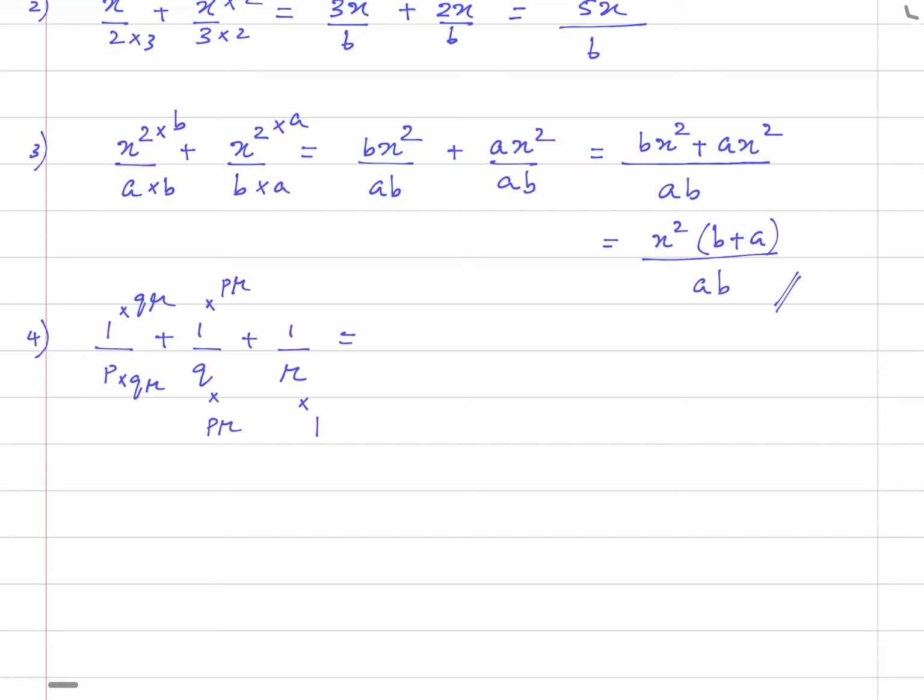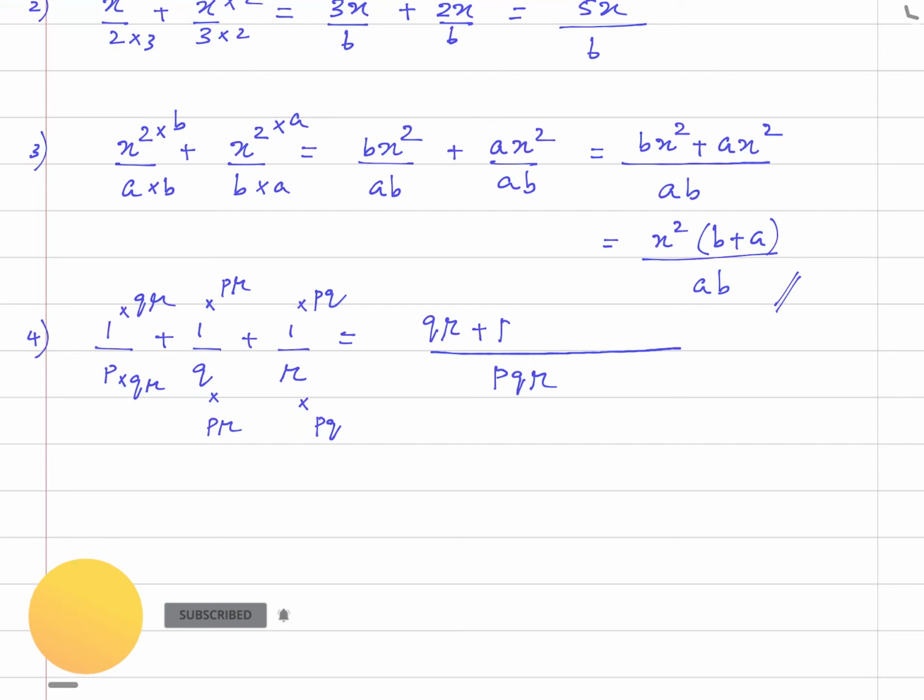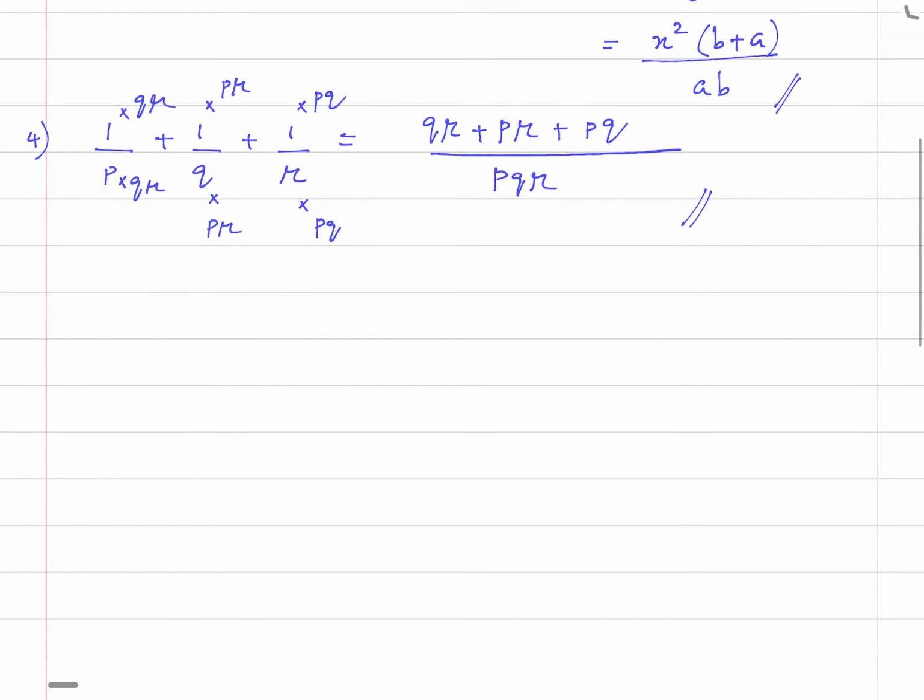Third term, p and q, and this one p and q. So now you will have pqr, that's your denominator, and the numerator you have qr plus pr plus pq, and that will be the answer to that question.